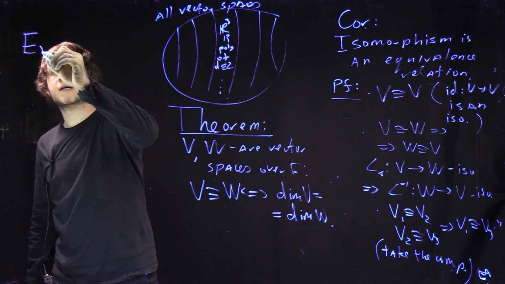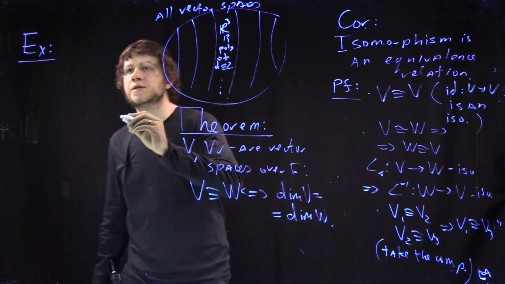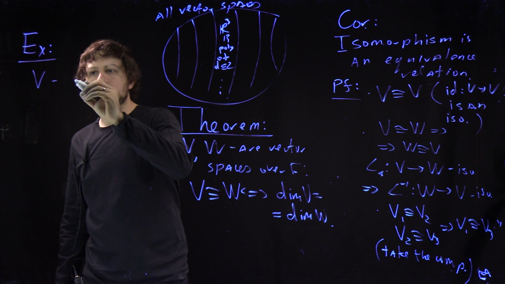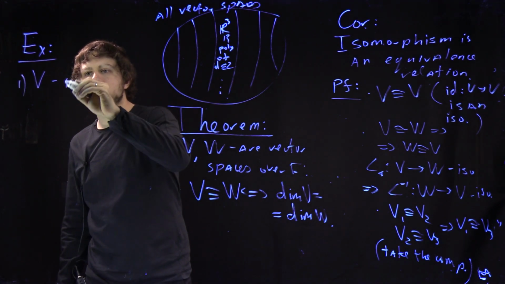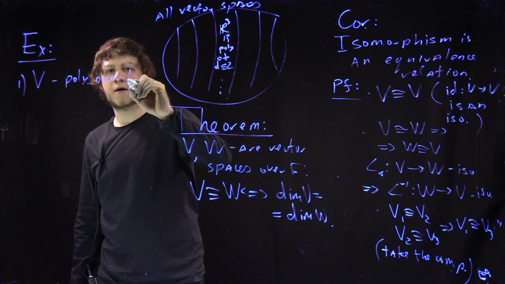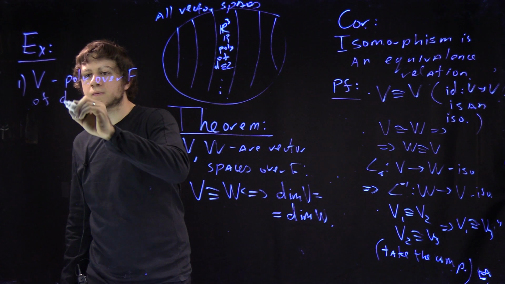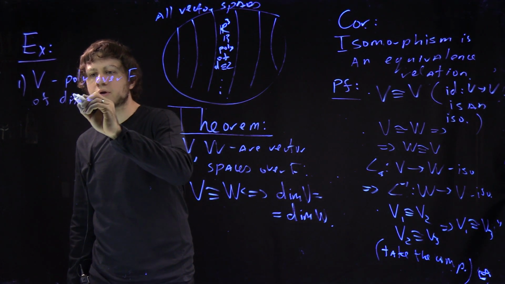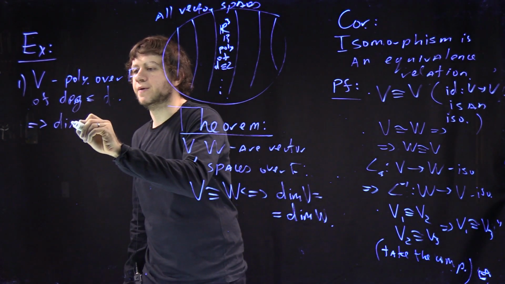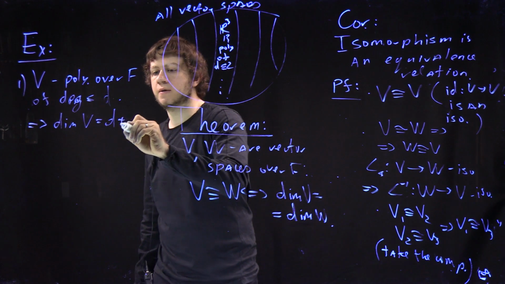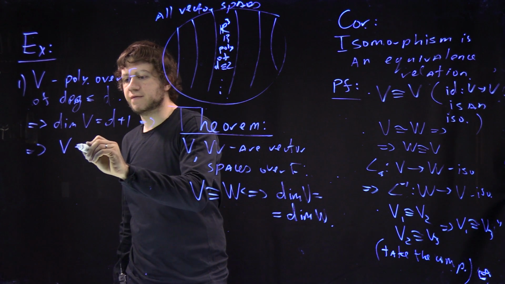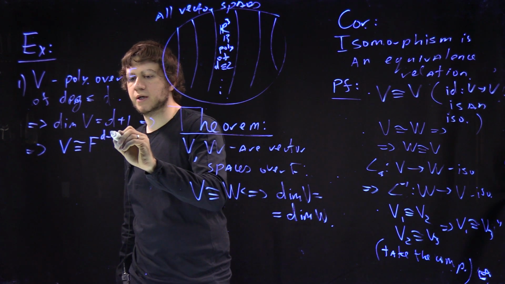Examples we have already seen. For instance, if you take a vector space V, say, polynomials over F of degree less than or equal to D, then we know that the dimension of V equals D plus 1, and it means that V is isomorphic to F to the power D plus 1.